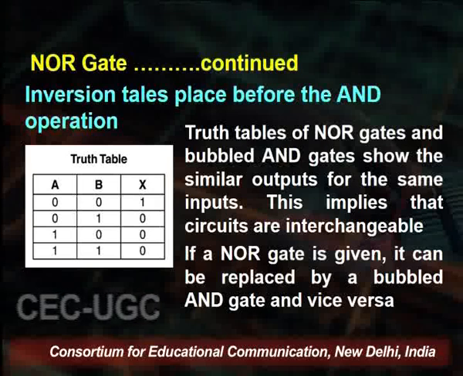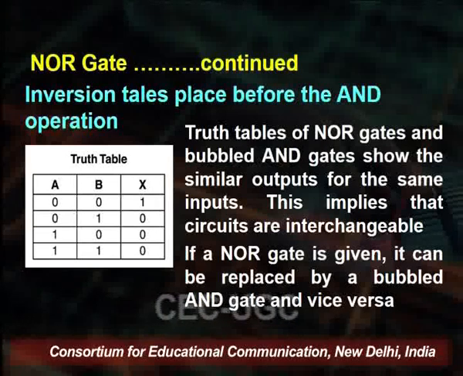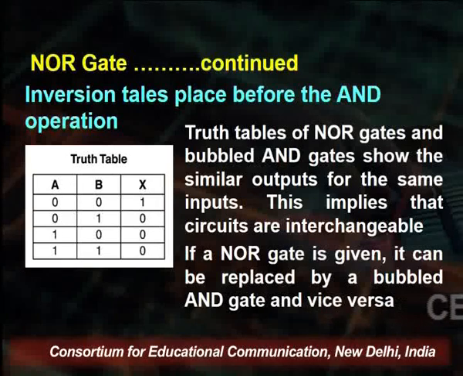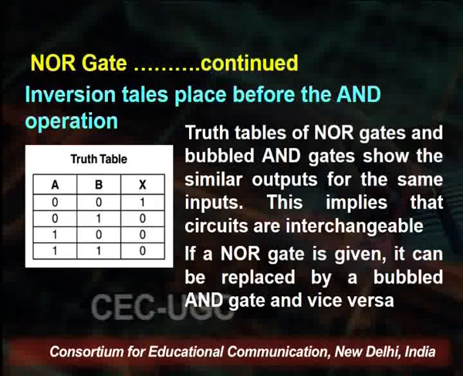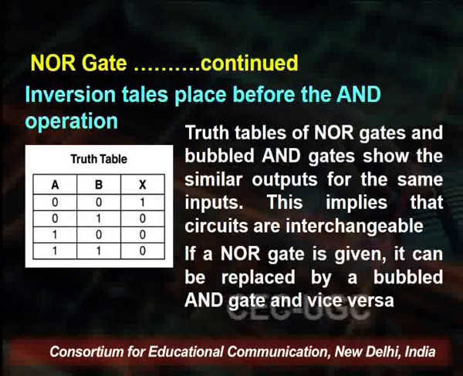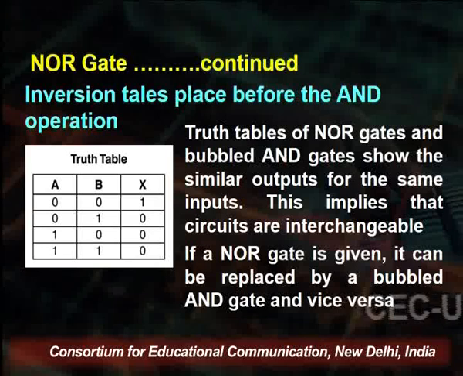So, for 0 1, 1 0 and 1 1, at least one of the inputs of the AND gate would be 0, and hence the output of the AND gate would be 0.